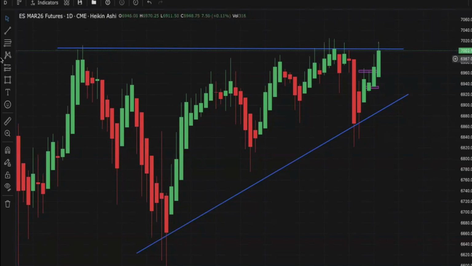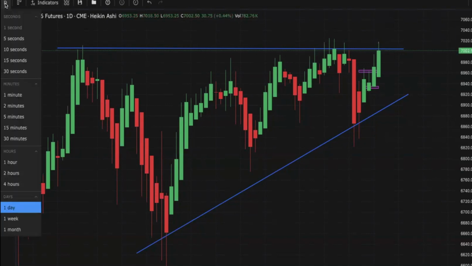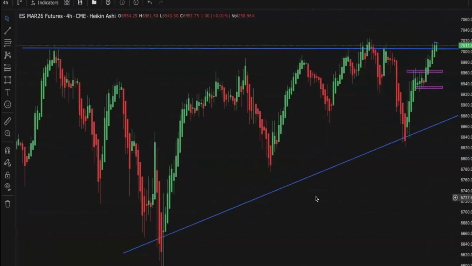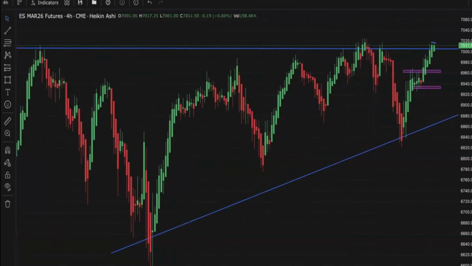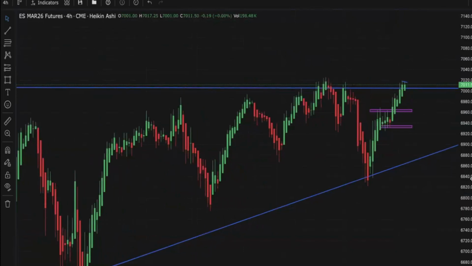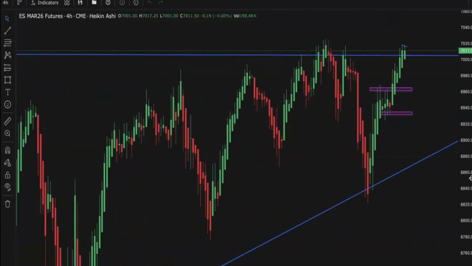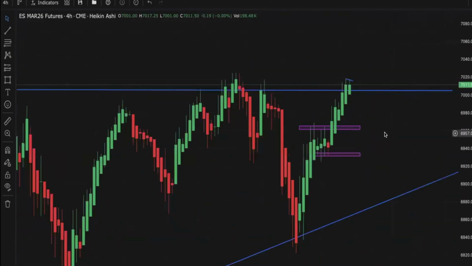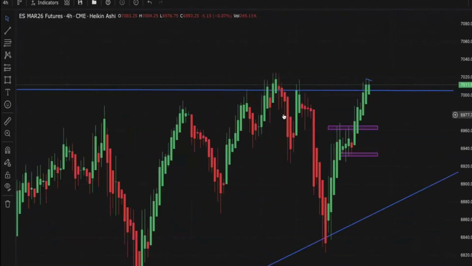All right, so let me show you how. Let's say for instance, we have the 4 hour candle. I marked it a little bit, and right here. So this is the 4 hour candle.